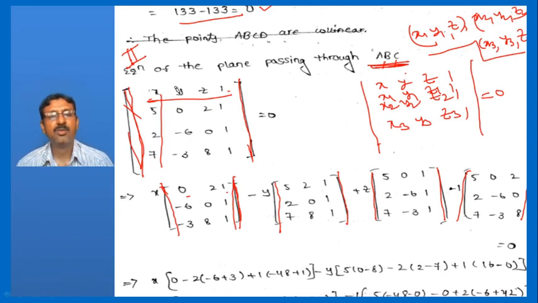Similarly, cancelling the column and row passing through y, I have taken the remaining 3x3 matrix: 5 2 1, 2 0 1, 7 8 1. Here it is 7 8 1. Similarly, I have written for z and 1, but we change the signs also. Here it is plus, minus, plus, minus. This is the process to find the determinant of higher order matrices like 3x3 and 4x4.